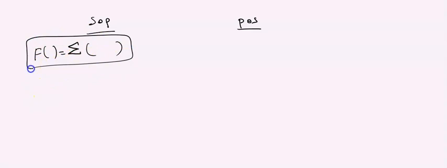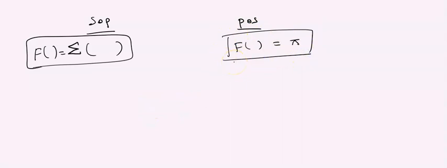If sigma is there, then this problem is related to SOP, that is, function of some variables is equal to sum of some terms. If they give you function equal to pi, then this problem is related to product of sum, that is POS. Is this clear? Concepts are clear? Very good.